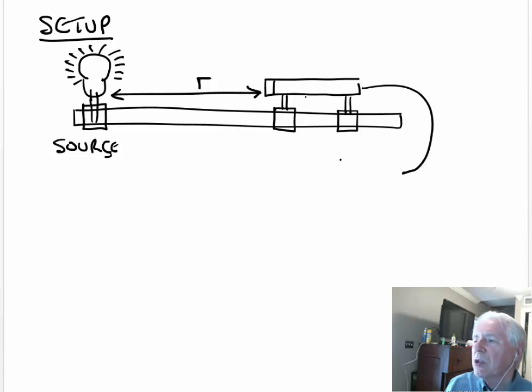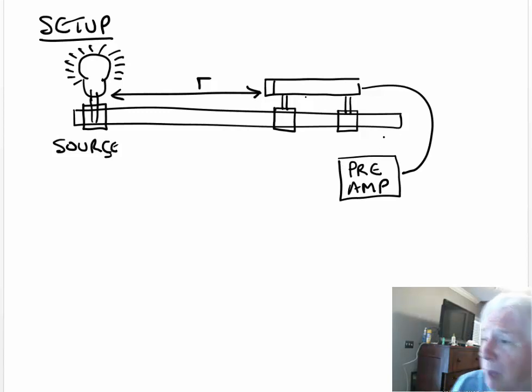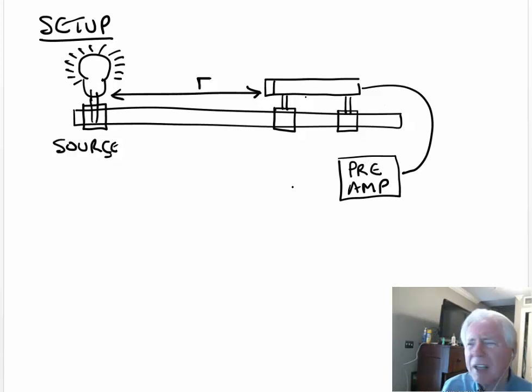And this comes out and it goes to a preamplifier. When you have a small signal, you don't want it just wandering across the lab in a bare piece of wire. So you'll use coaxial cable, that helps. But also, if you can, you'll use a preamplifier pretty early on.